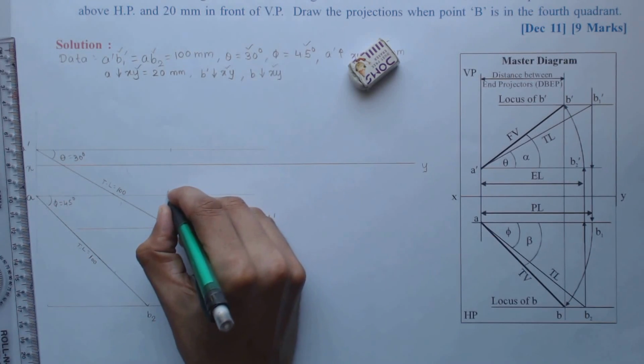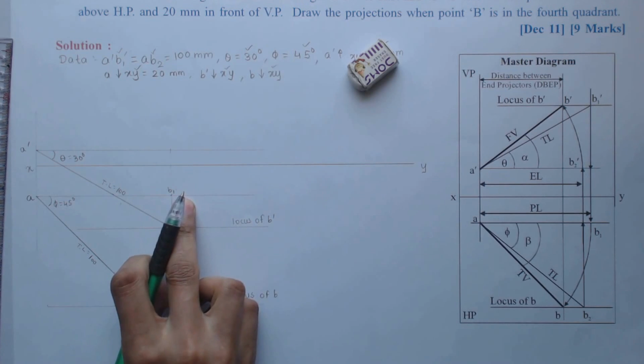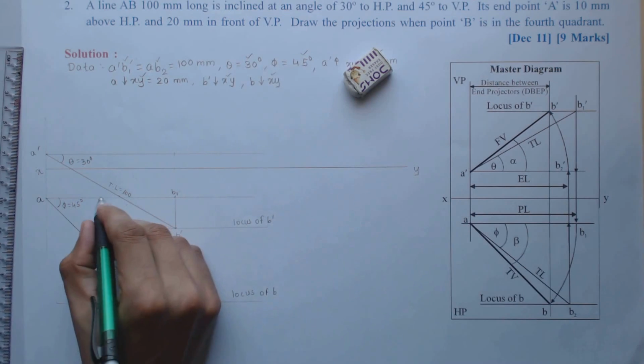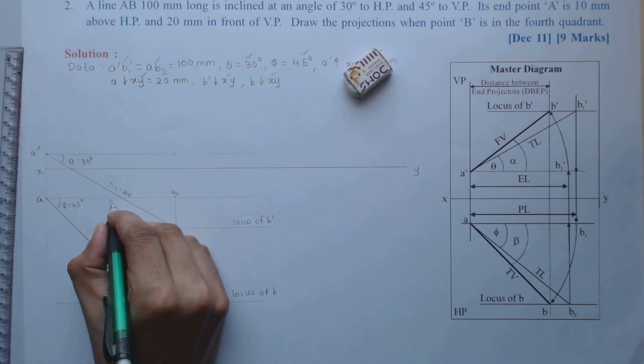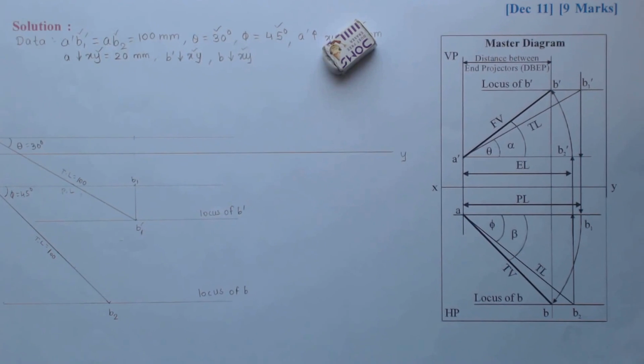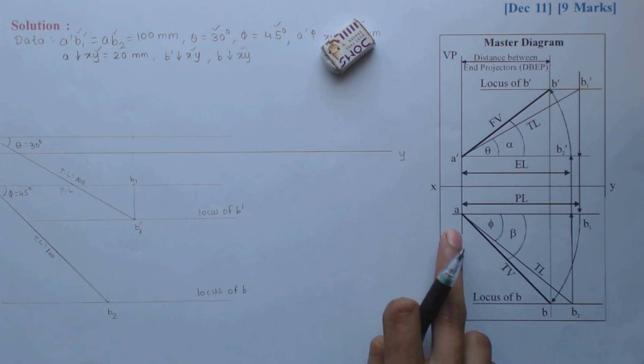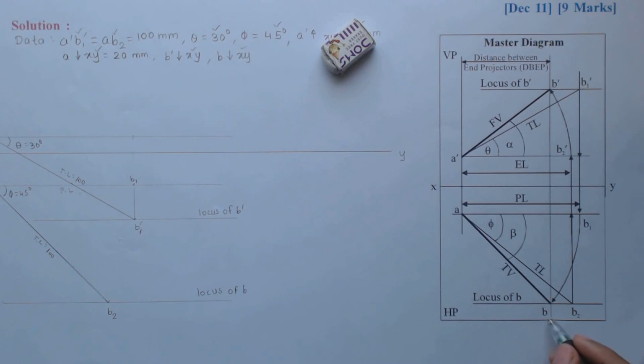So I'll get point B1 here, and this length AB1 is the plan length, which will be equal to the top view. As I know, plan length is equal to top view AB, and the point B is obviously going to lie on the locus of B, which we have already marked.